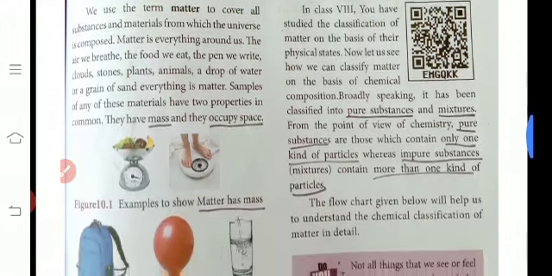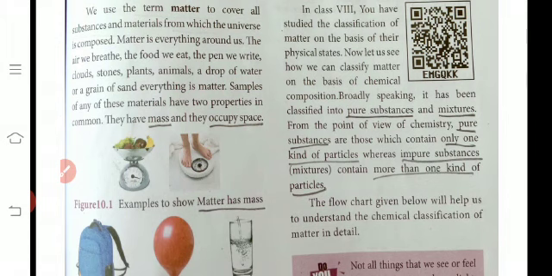Whereas impure substances, that is mixtures, contain more than one kind of particles.